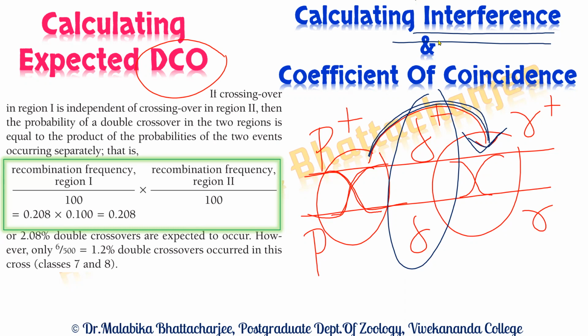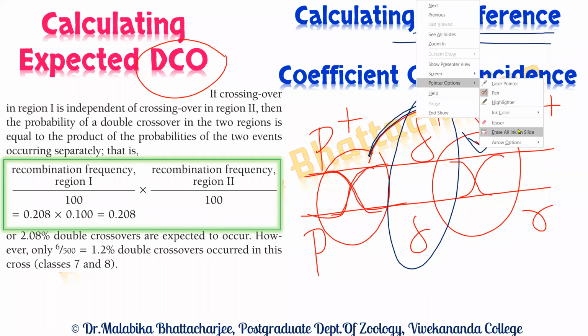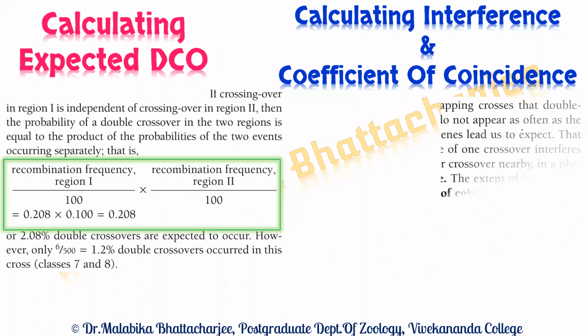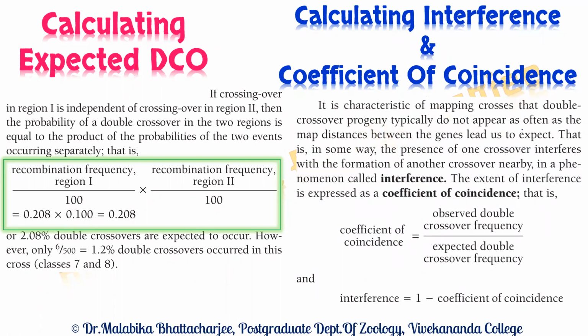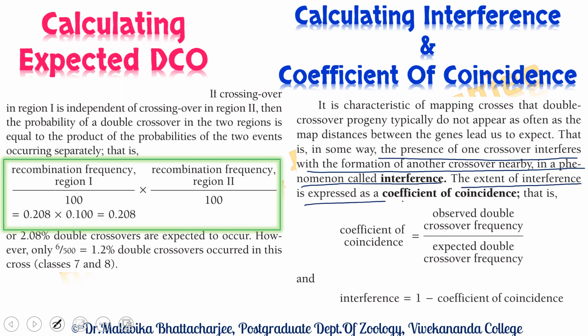Thus, keeping in mind this view, now we can say that the presence of one crossover interferes with the formation of another crossover nearby, and this phenomenon is called interference. The extent of interference is expressed as coefficient of coincidence.